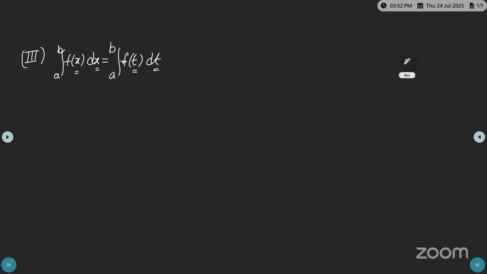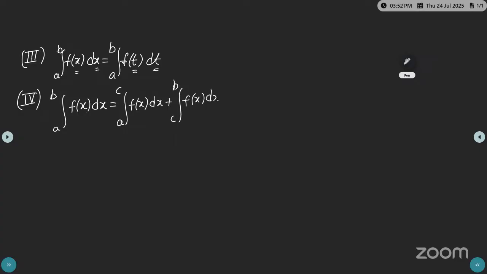Next, integral a to b f of x dx equals integral a to c f of x dx plus integral c to b f of x dx, for a less than c less than b.